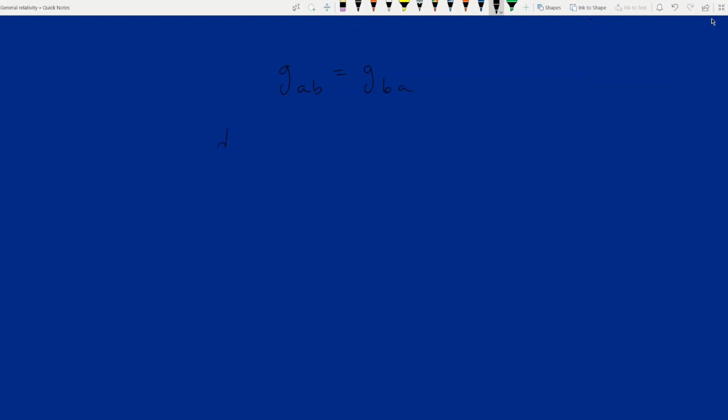Now, in Cartesian coordinates, we can write our infinitesimal length squared as delta mn dxm dxn. Now let's write the infinitesimal length squared in spherical coordinates. So this will be something like dr squared.